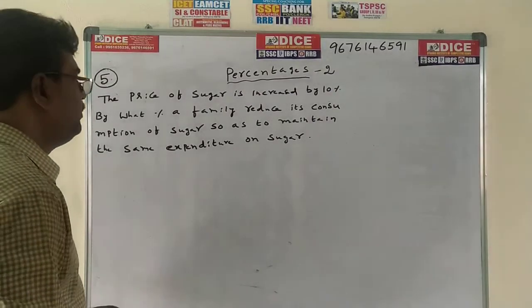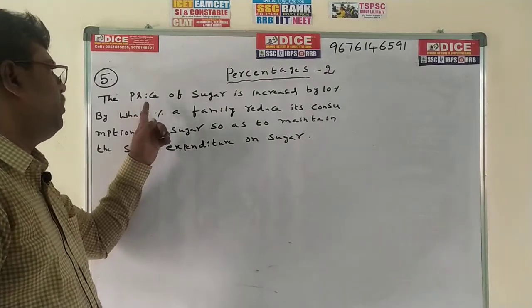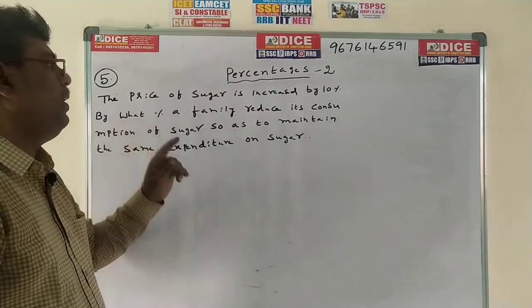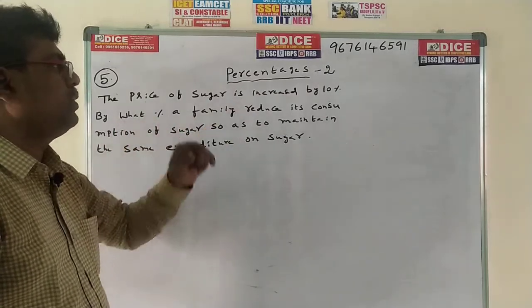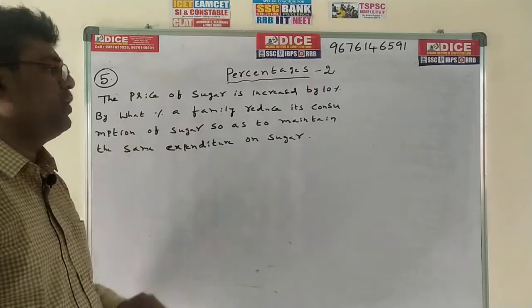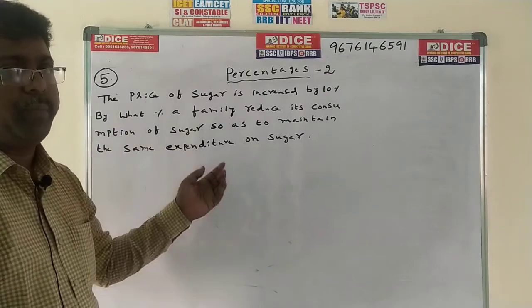Come to the next problem. The price of sugar is increased by 10%. By what percent must a family reduce its consumption of sugar so as to maintain the same expenditure on sugar? This is also a very important one, same as our previous model.